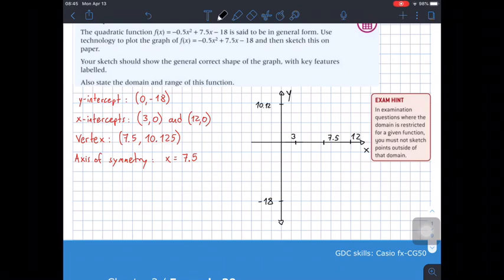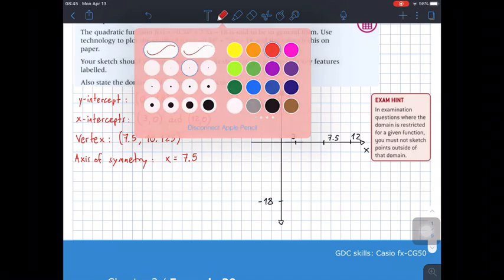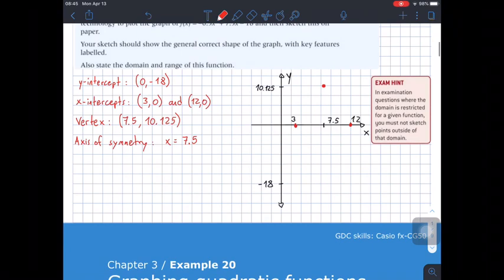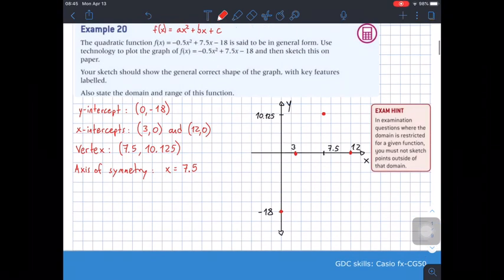Remember, this does not need to be precise, it just needs to have the shape of the parabola we are sketching, right? So this is the vertex, this is one of the x-intercepts, this is the second, and finally this is the y-intercept.